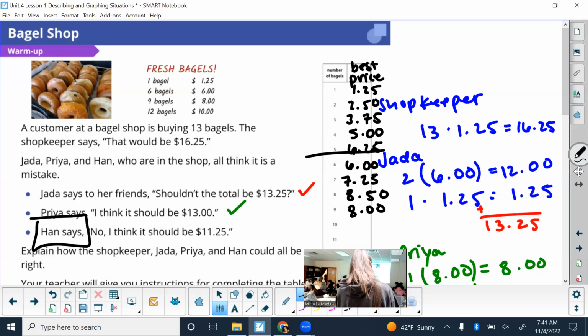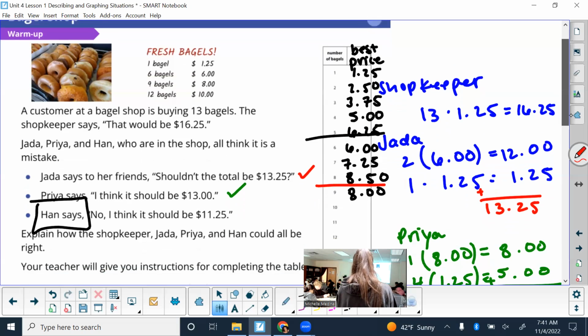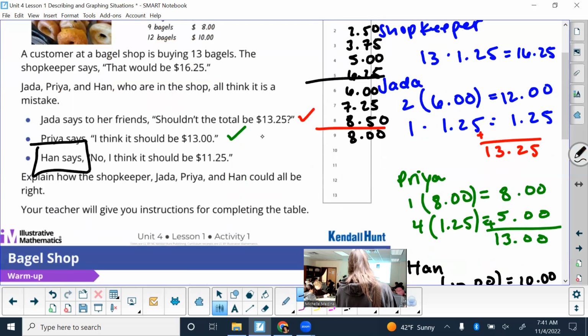Good, because again, they have a special once you buy 9 or more. What about 10 bagels? All right, good. 9.25, 11 bagels. 10.50, 12 bagels. $10. All right, and then lastly, 13 bagels. $11.25.